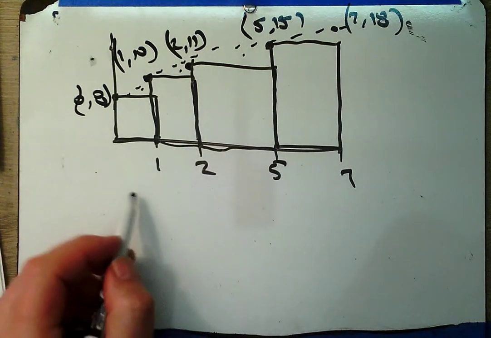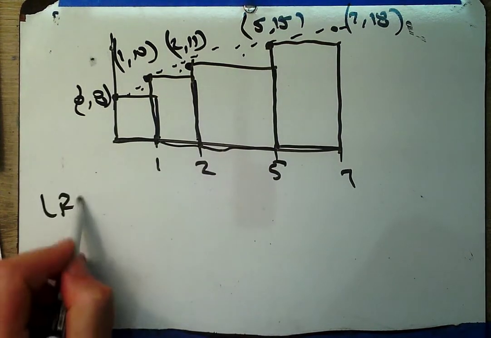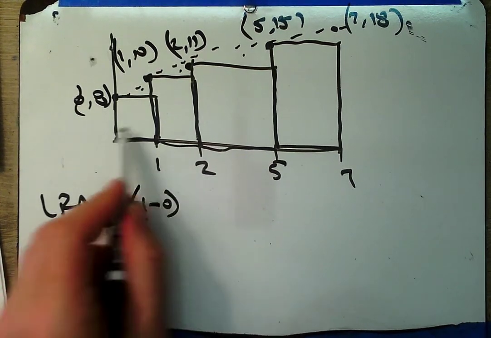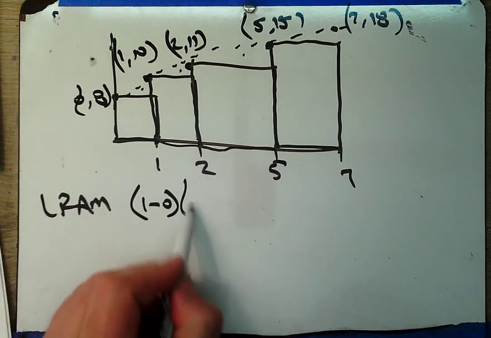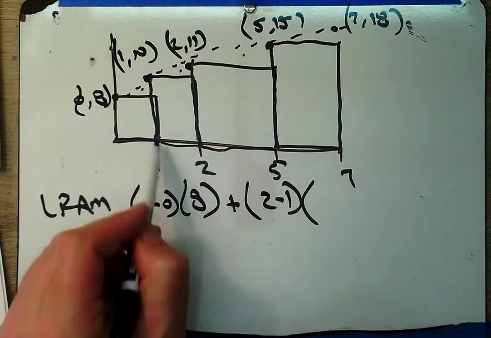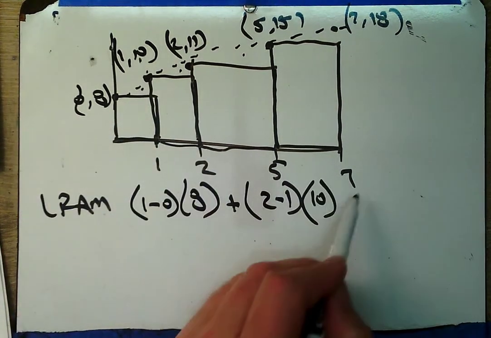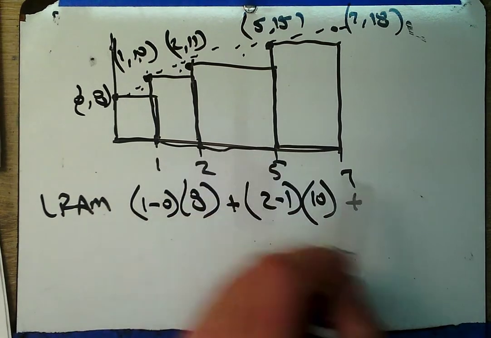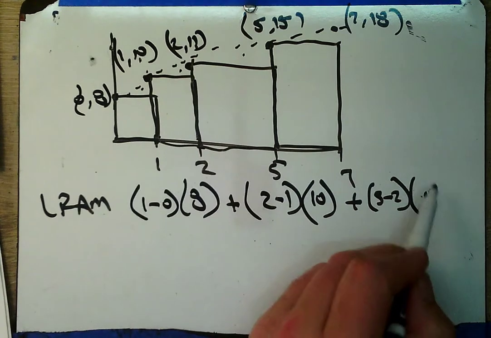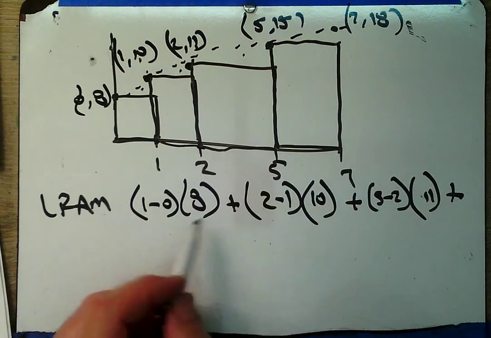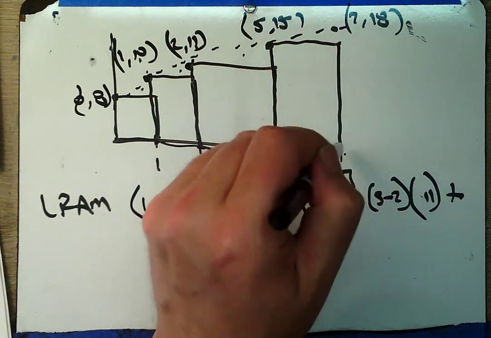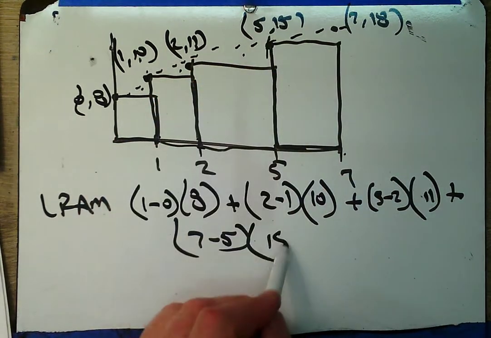And maybe it's easier for me to say now, okay, LRAM is going to be 1 minus 0, this distance, times that height on the left side, plus 2 minus 1, times the height on the left side, plus 5 minus 2, times the height on the left side, plus 7 minus 5, times, not the height over here, but the height on the left side, 15.